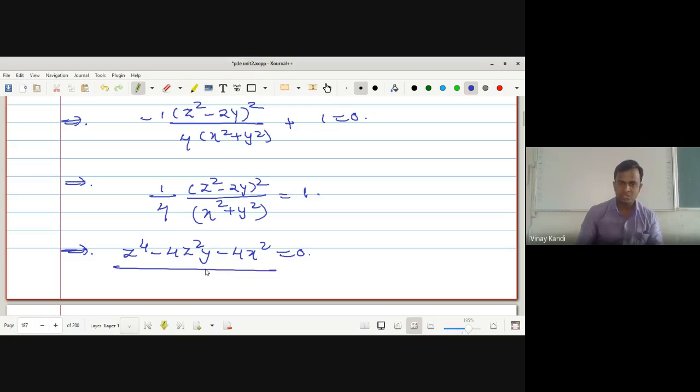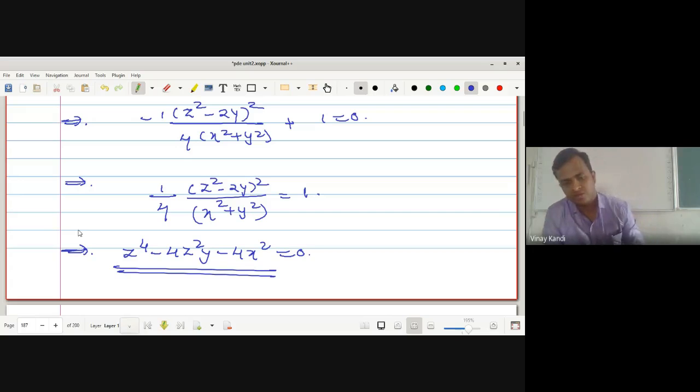Okay, so this is the required solution of the partial differential equation given, equation number 1, which passes through the given curve.